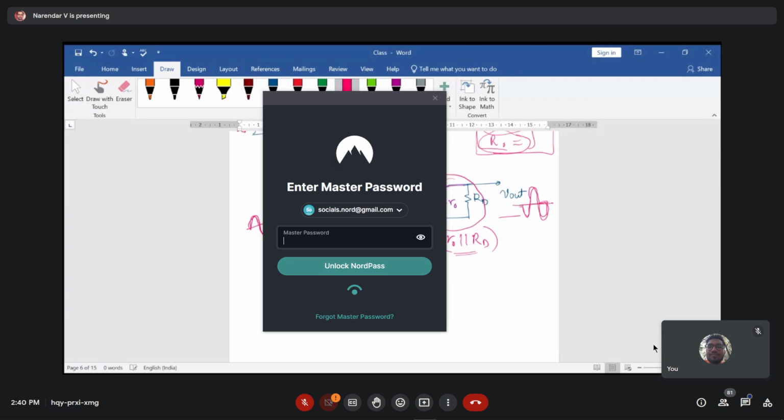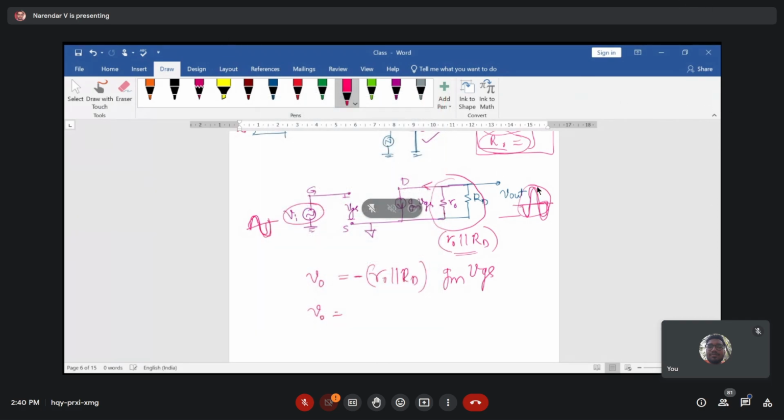So the output voltage is always 180 degrees out of phase, and because of that you just add the negative sign here. The resistance is multiplied with your current, and the current here is gm times VGS, and VGS is equal to Vinput. So V0 is equal to minus gm times Vin times R0 parallel with RD.